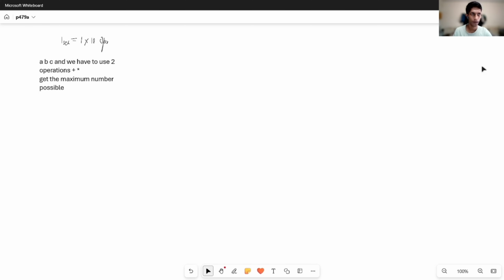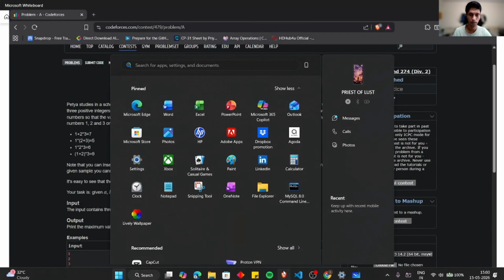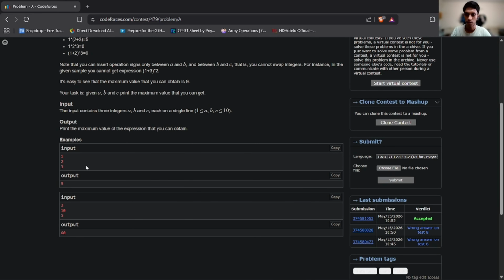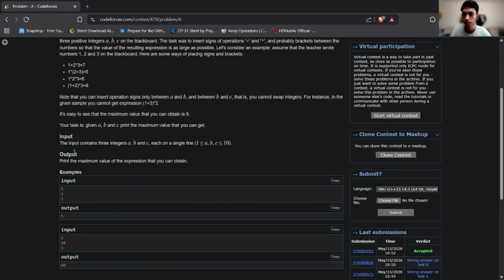Okay, so let's see the first test case. In the first test case we are given 1, 2, 3, but let's talk about the input first. The input contains three integers A, B, and C, each on a single line. The range of A, B, C will be 1 to 10.